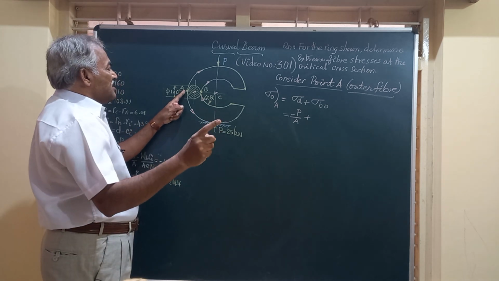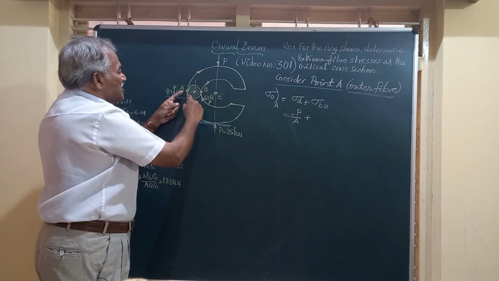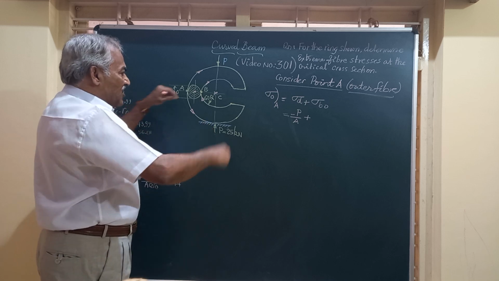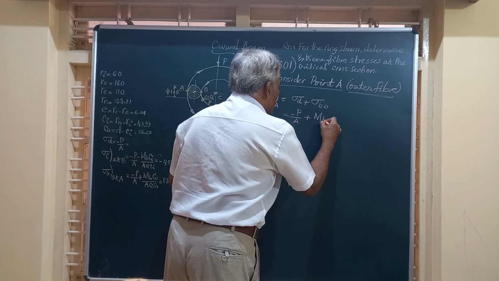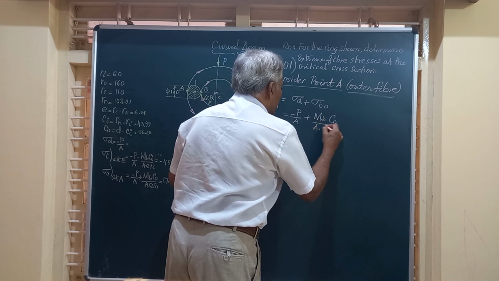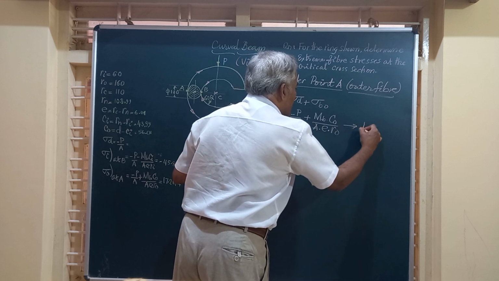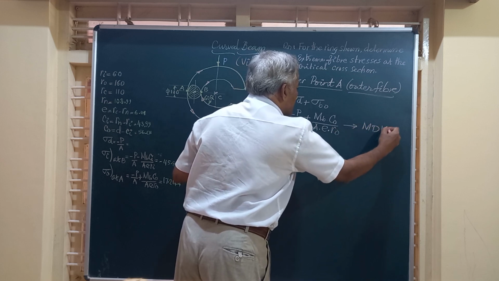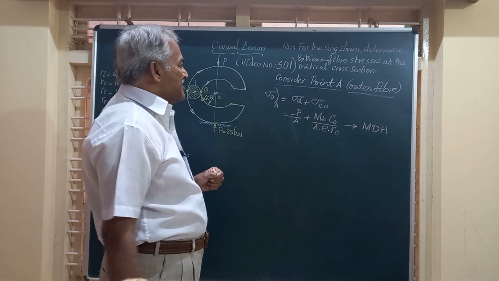Friends, look at the board carefully. When you subject it to this load, the outer fiber is elongated. So sigma B naught will be Mb times C naught divided by A E R naught. Friends, this equation is available in the machine design data handbook, authored by any author for that matter.